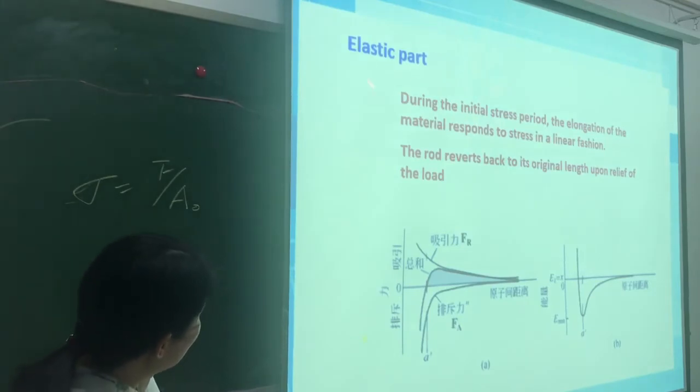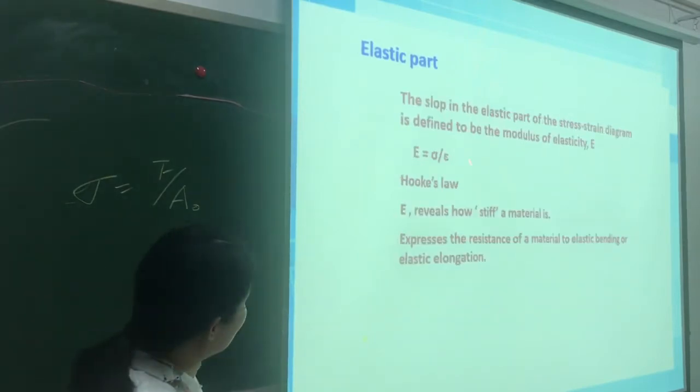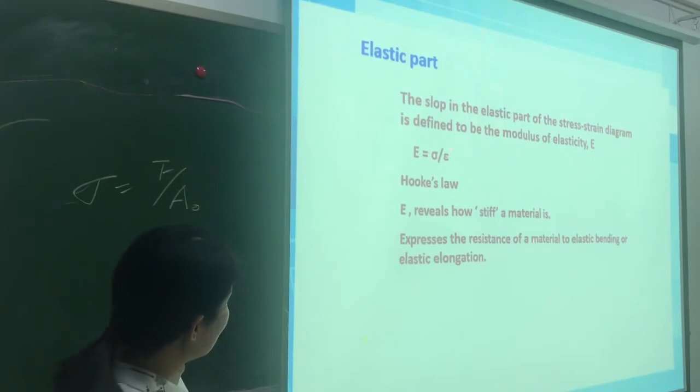Elastic part. In the elastic deformation, the elongation of the material responds to the stress in a linear fashion, and the rod reverts back to its original length upon relief of the load. The modulus of elasticity equals stress divided by strain.